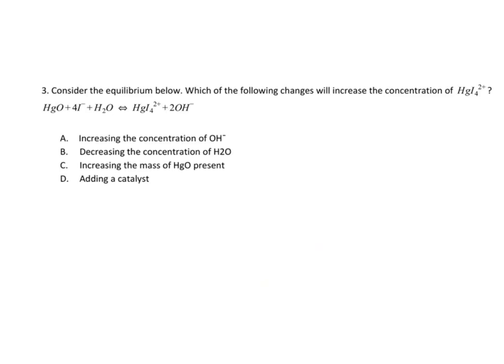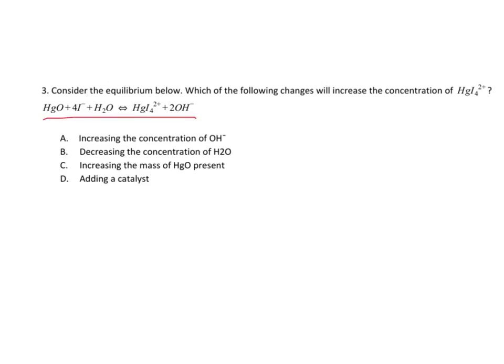Our third problem reads, consider the equilibrium below. Which of the following changes will increase the concentration of HgI4 2+? And here's our equilibrium equation right here, and it's already balanced.